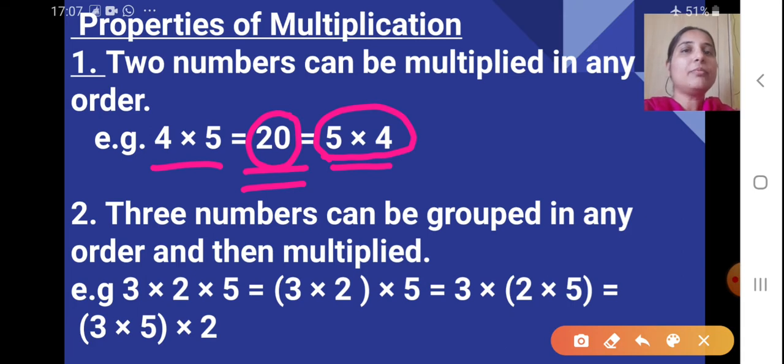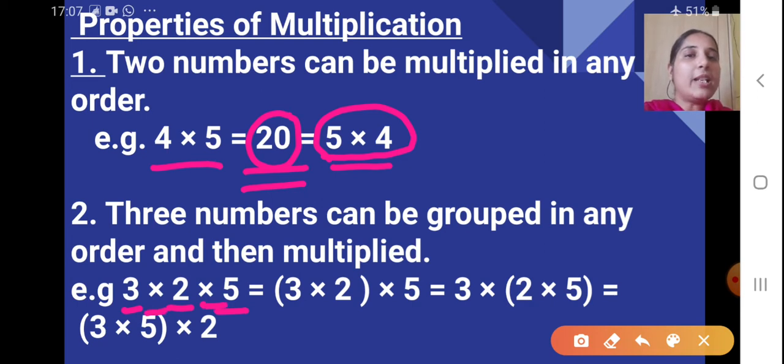Okay. Now number 2 is 3 numbers can be grouped in any order and then multiplied. For example, you can see 3 numbers are there, 3 multiplied by 2 multiplied by 5. So it can be grouped in any order and then it can be multiplied. But you have to see the sign of multiplication in between.